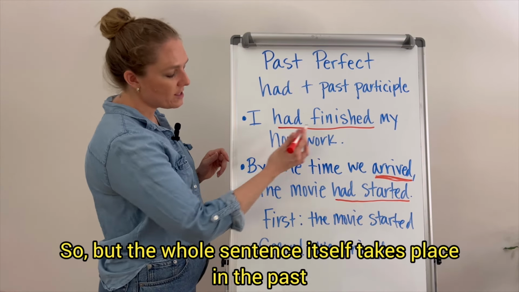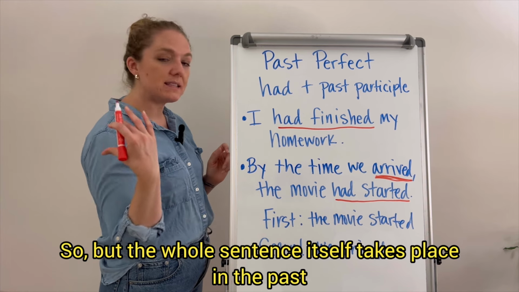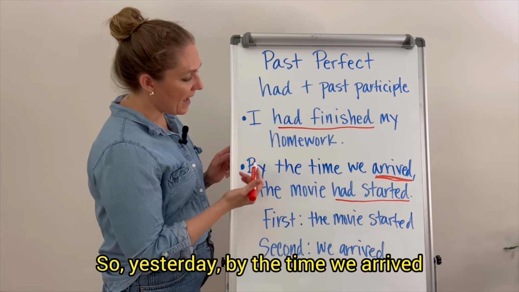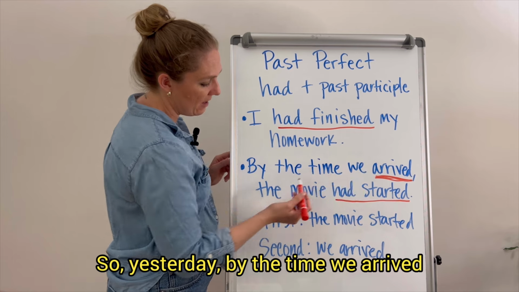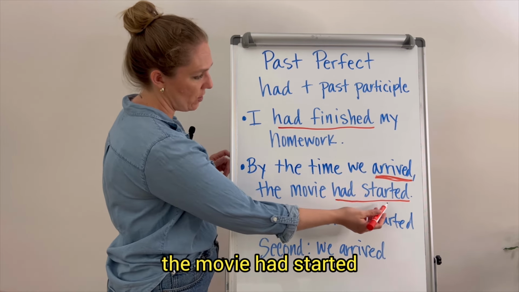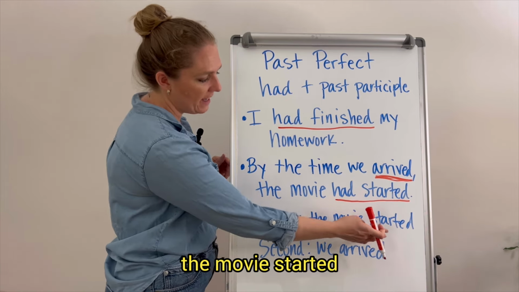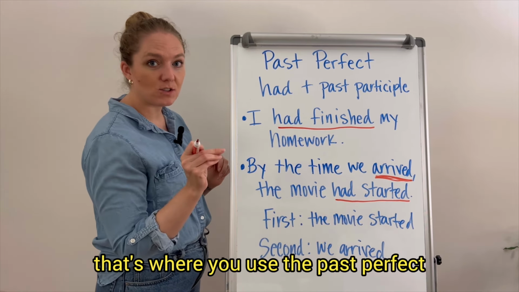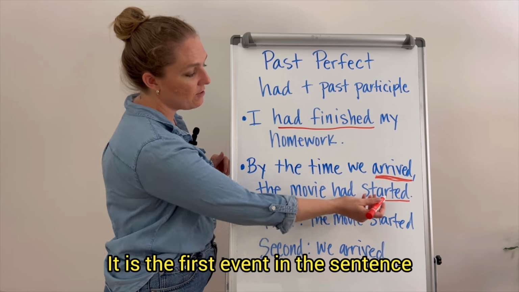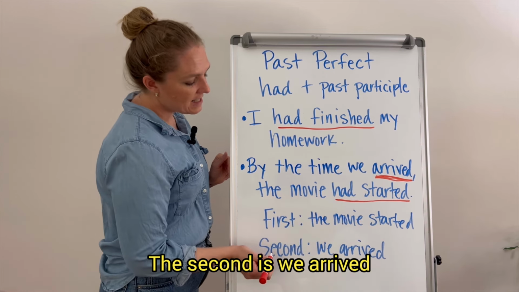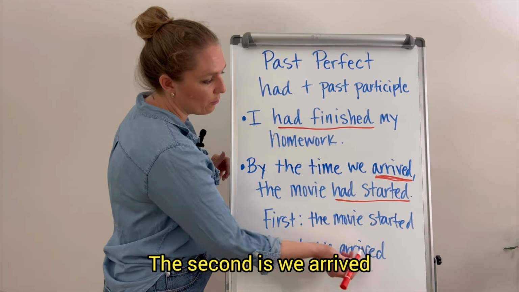But the whole sentence itself takes place in the past. So yesterday, by the time we arrived, the movie had started. The first event, the movie started, that's where you use the past perfect. The second is we arrived.